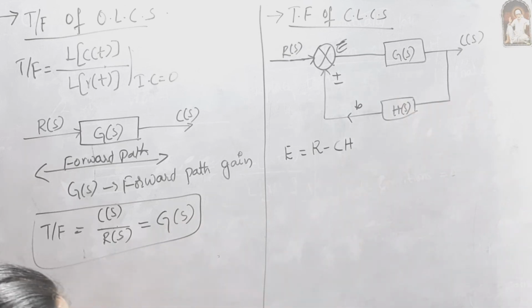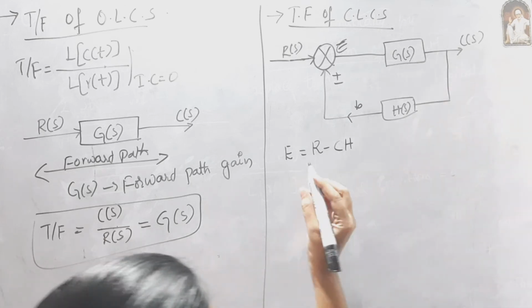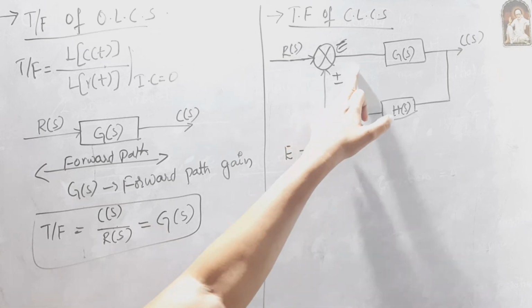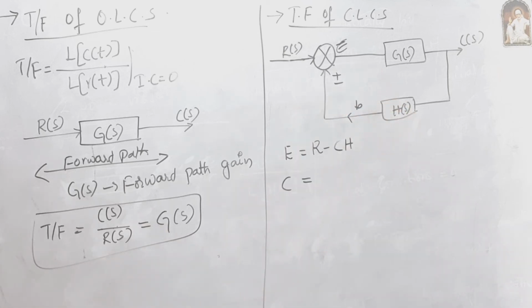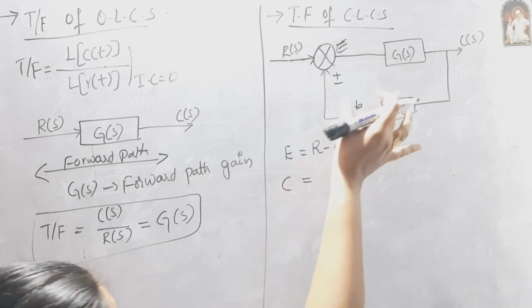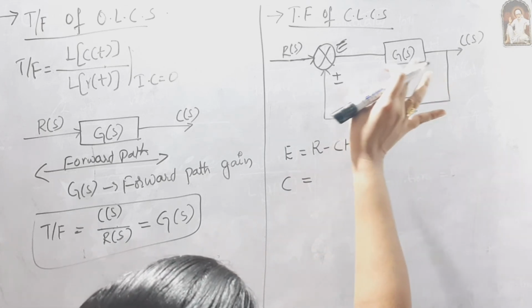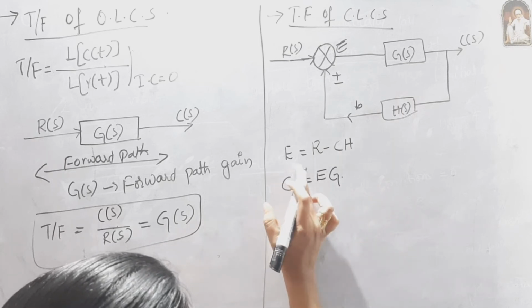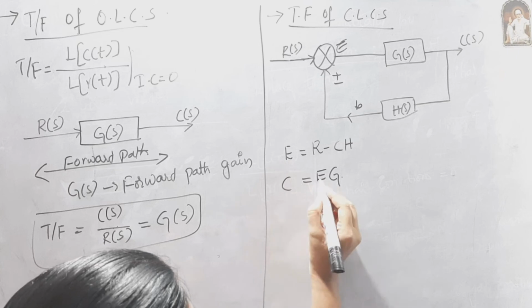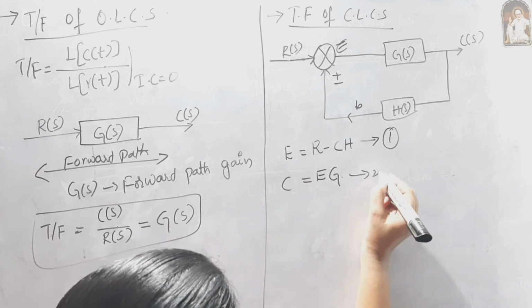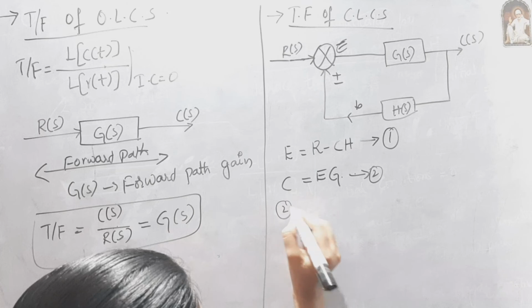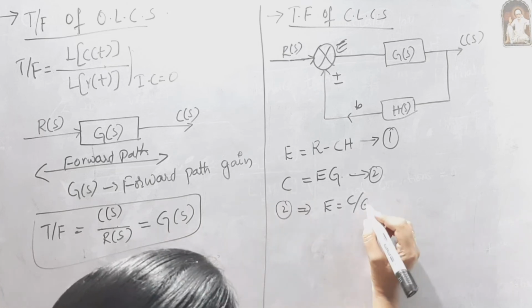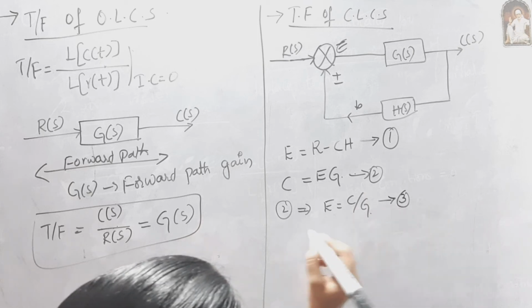Next we will write the equation for output C. C equals E into G, since the transfer function of the forward path is E into G. We have the first equation in terms of E, and give this one as 2. From the second equation, E equals C by G. Give it as 3.